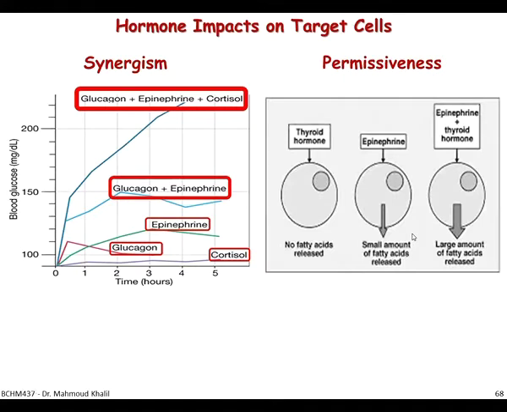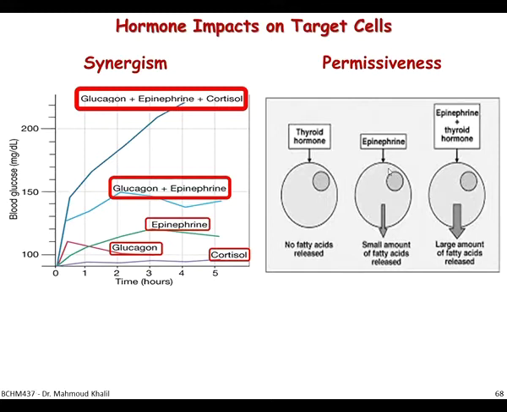So let's see an example of permissiveness. You can see that when the thyroid hormone reaches its target, you will not see any fatty acid released. That means the hormone cannot do its job.